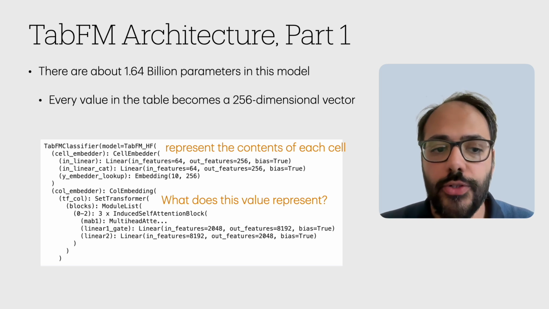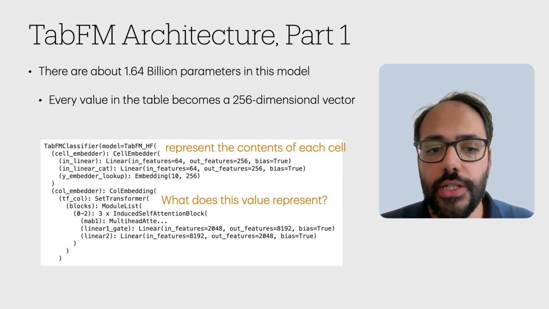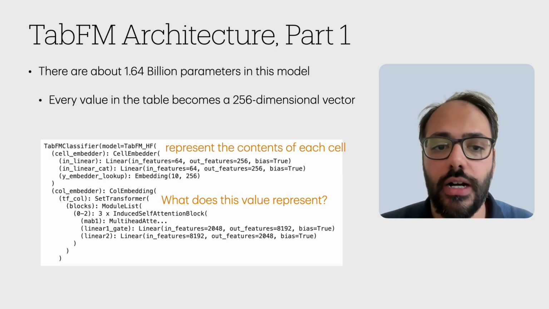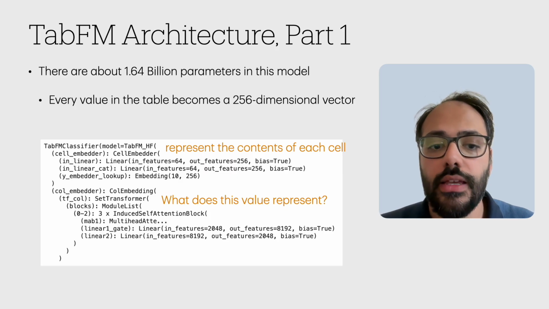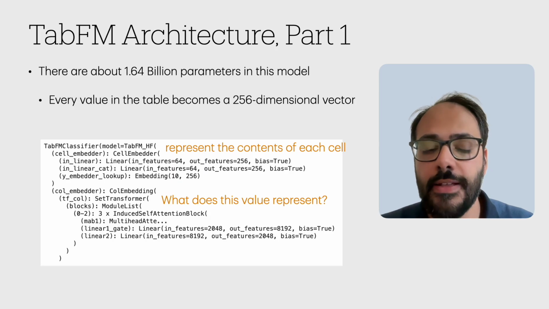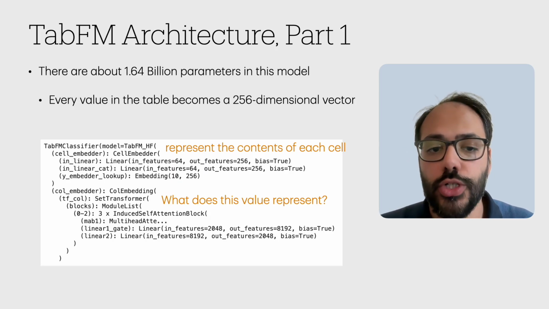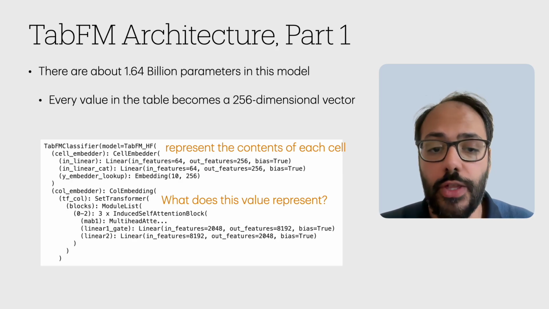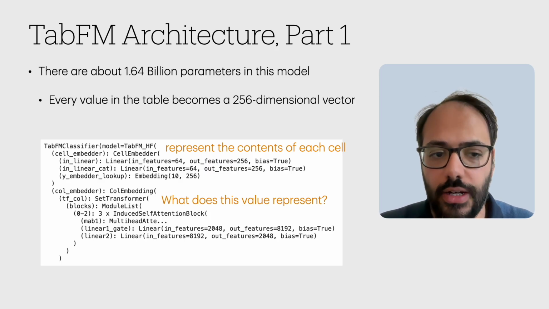And so my understanding is that this column embedder is trying to find, when we have these 256 dimensional embeddings of cells, what they represent and what they refer to. So for example, you saw that some of those columns correspond to occupation, some to the number of education, some of them might be like the number of credit cards. So it is very important to understand the context of each column.